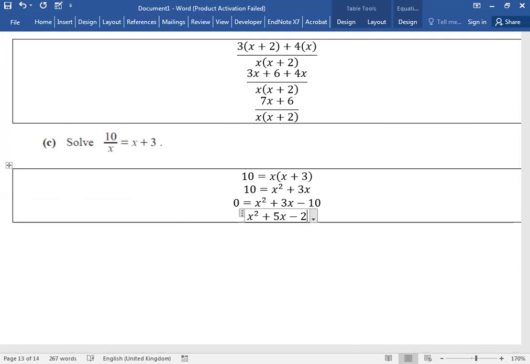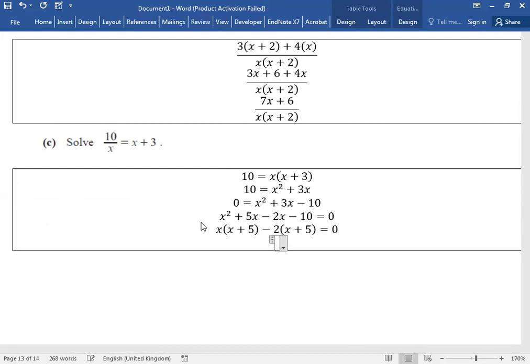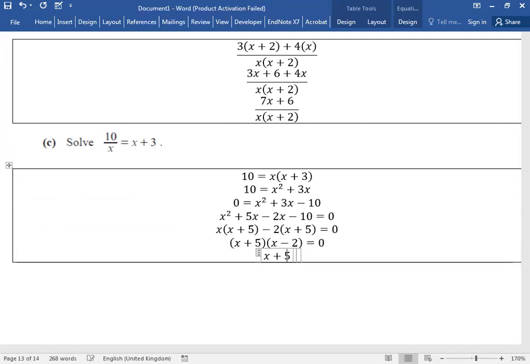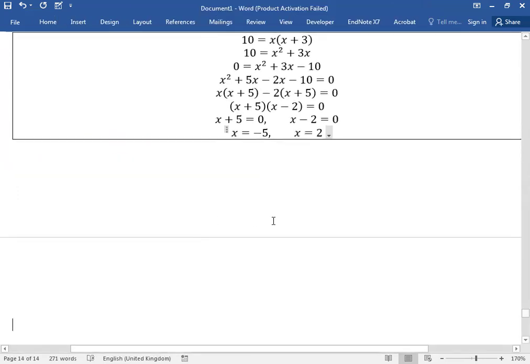Plus 5x, middle term breaking, minus 10 is 0. x common, x plus 5; minus 2 common, x plus 5. An entire x plus 5 bracket common. Now either x plus 5 is 0 or x minus 2 is 0. x is negative 5 or x is positive 2.